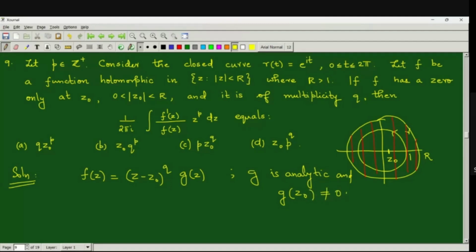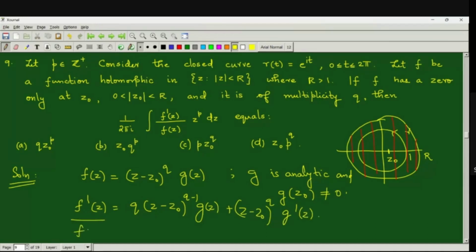Now, what actually is given? The integral of f dash by f. Anyway, we know how to compute f dash. What will be f dash? It is q (z minus z naught) power q minus 1 times g(z) plus (z minus z naught) power q times g dash(z). We have to compute this thing.